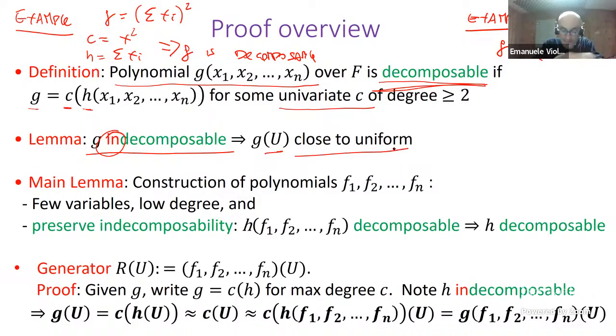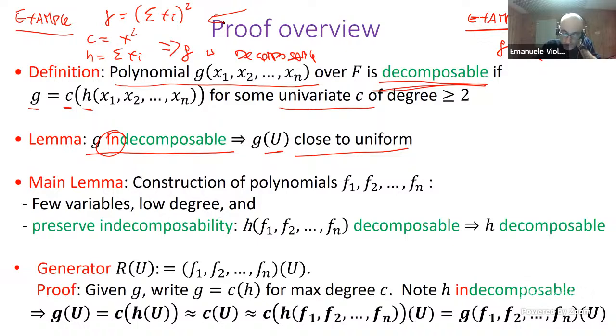In this example with the square, the distribution will not be uniform, because it's just going to be a square, so it's very different from uniform, just uniform over the squares. If the field is prime, it will just be squares. So if the polynomial is not decomposable, then you have the guarantee, somewhat magically, that if you plug in uniform values for the variables, what the polynomial spits out is going to be close to uniform. So this looks powerful.